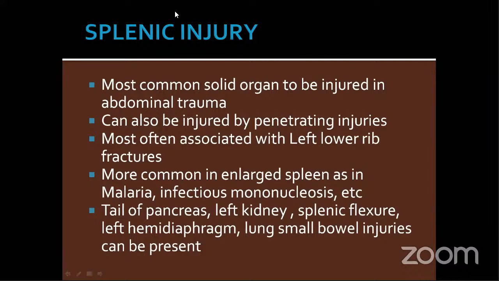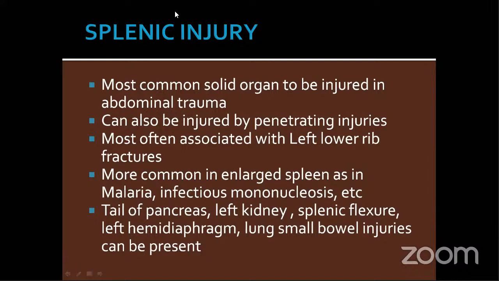In my clinical experience, a patient was referred from the medicine department, a case of malaria about to be discharged. He was immediately sent to the surgery department because of suspected rupture of the spleen. He had taken the anti-malarial treatment and was about to be discharged. He rolled on the bed a bit suddenly.